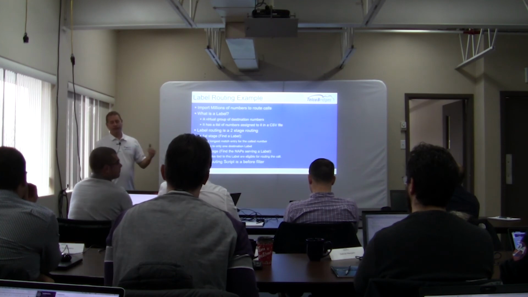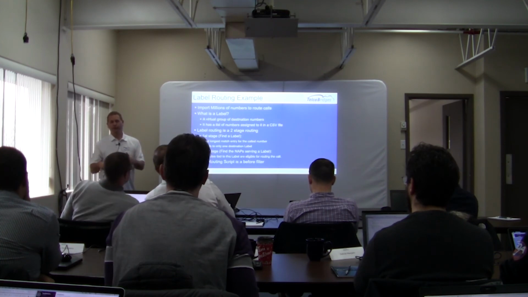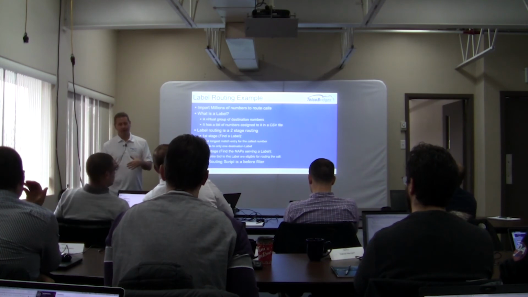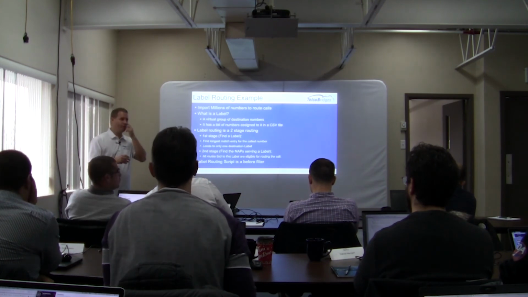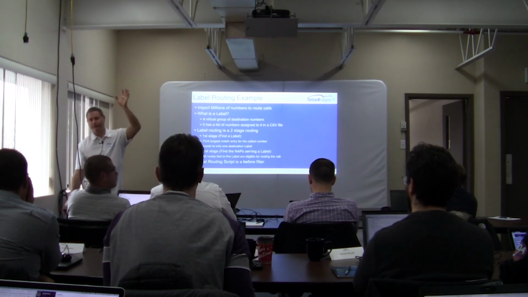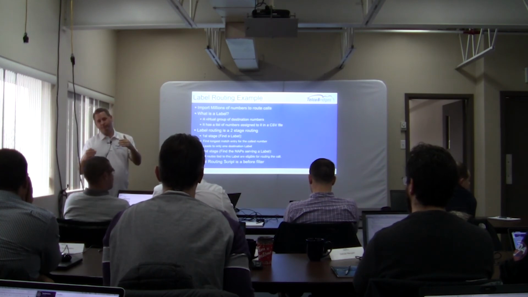So once you get the number in, it's super fast to find, so very little impact. There could be a bit more impact if you have a lot of NAPs, because then there's more checking to do. But if there's a lot of numbers, it doesn't affect.